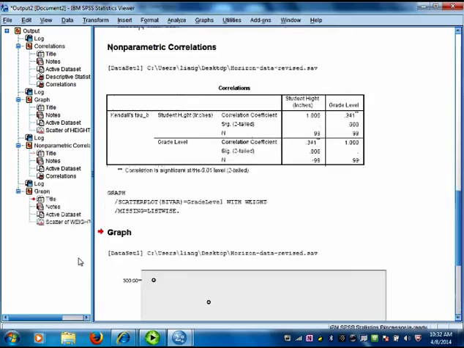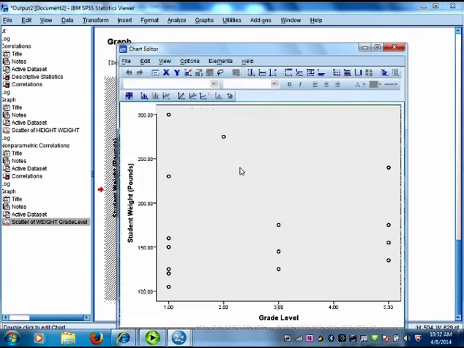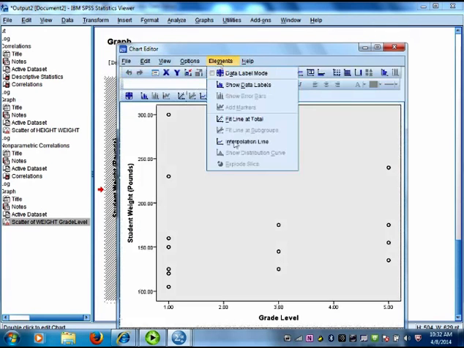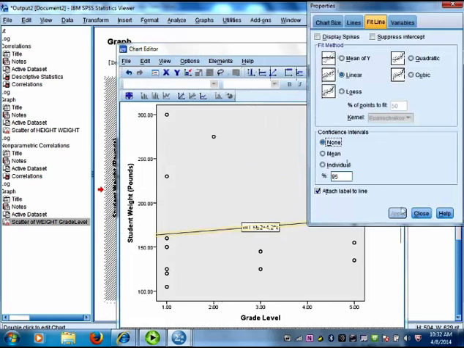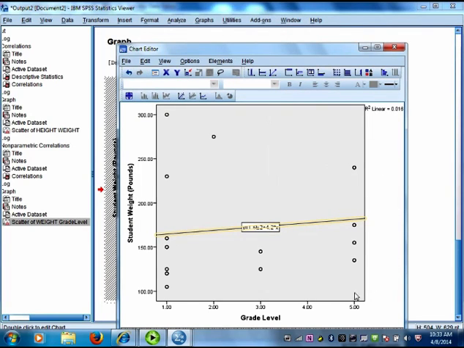I say okay, and you can do a line fit here. Again, go to Elements, fit line, and say okay. In this case, R squared is much flatter, it is 0.016.